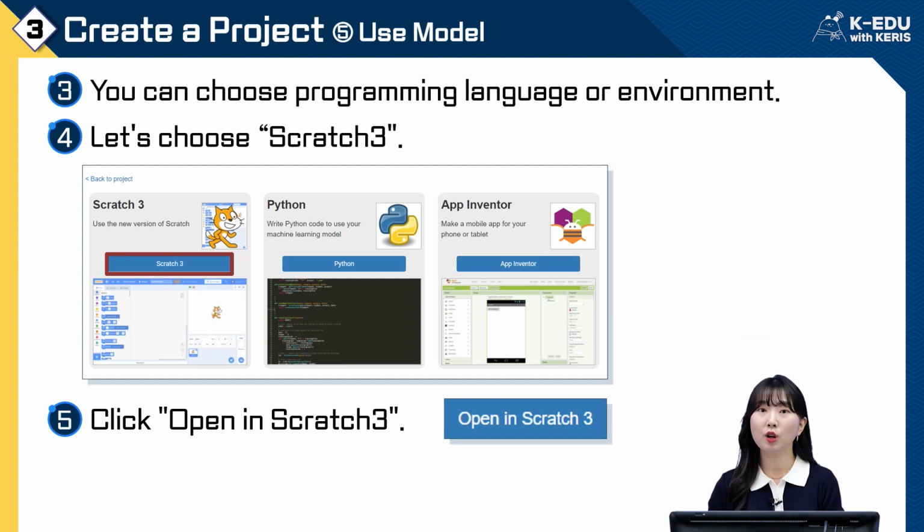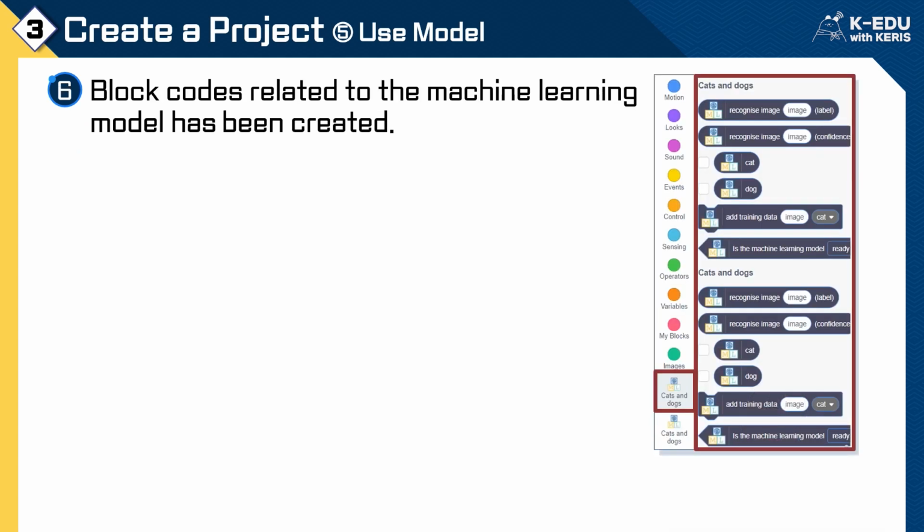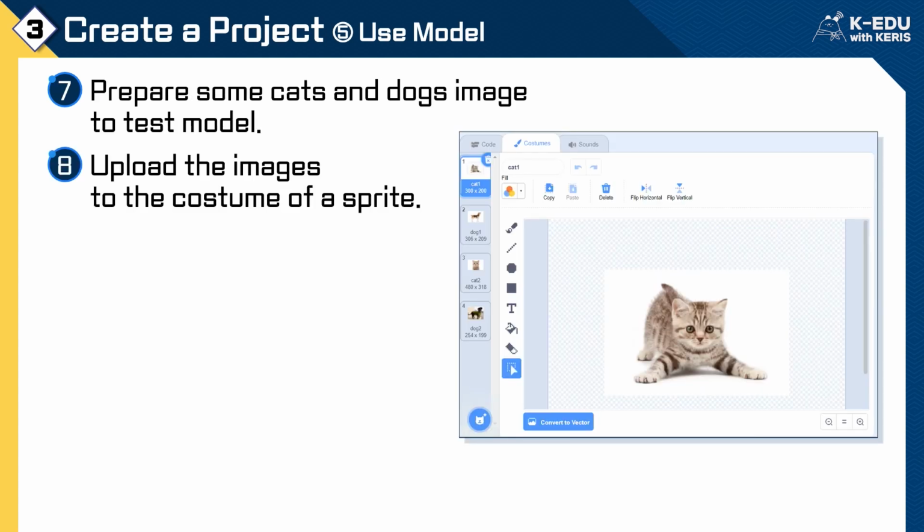You can choose a programming language or environment. Let's choose Scratch 3. Please click Open in Scratch 3. And these are block codes related to the machine learning model that has been created. Please prepare cat and dog images to be classified by the model. Then click Costumes on the sprite to upload each photo you want to test.